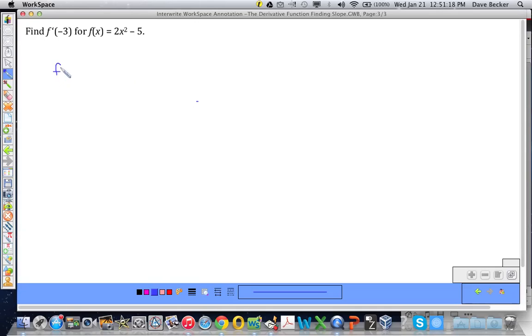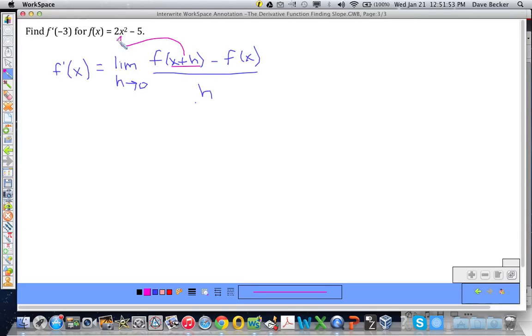So f prime of x, the derivative of f of x, is equal to the limit as h approaches 0 of f of x plus h minus f of x all over h. And again, all I'm going to do is take this x plus h for the first part and put it right in for x.